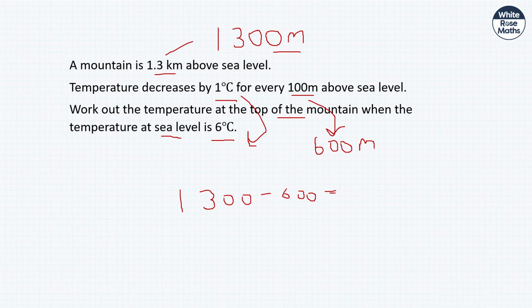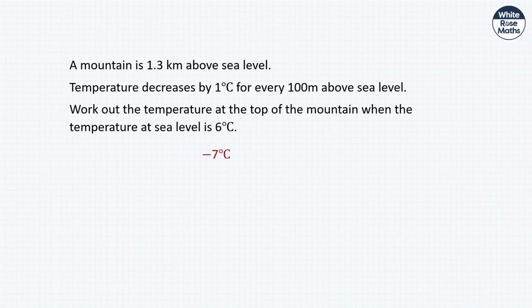So that'll be 700 meters, or 0.7 kilometers. So it decreases over, yes, that'll be minus 7 degrees. Because obviously it's 700 meters above the sea level, and it goes down by 1 degree every 100 meters. So in 700 meters, it goes down by 7 degrees. So the answer is minus 7 degrees, guys. So hopefully that makes sense.